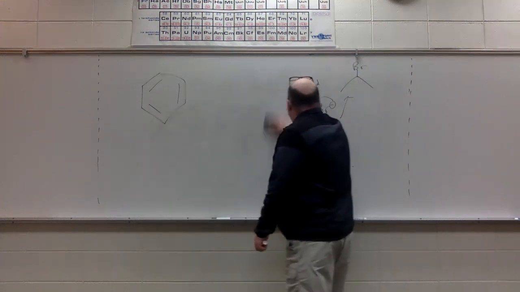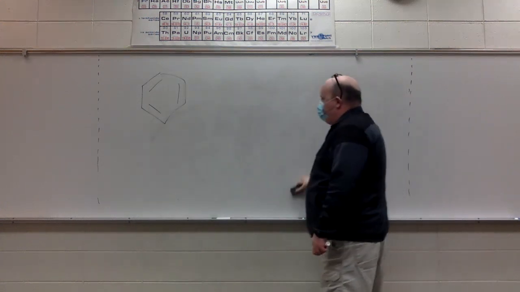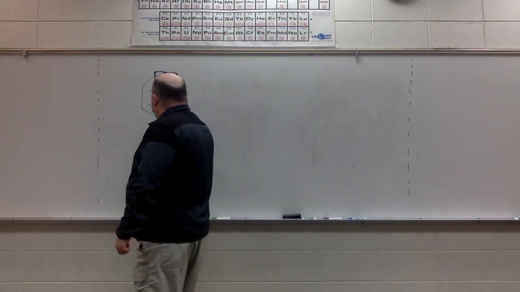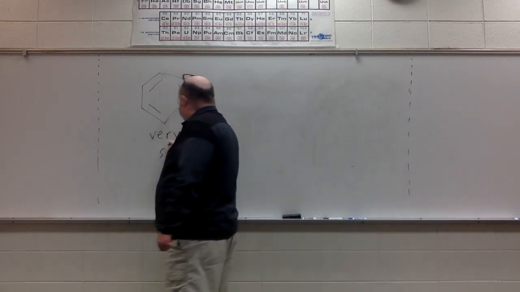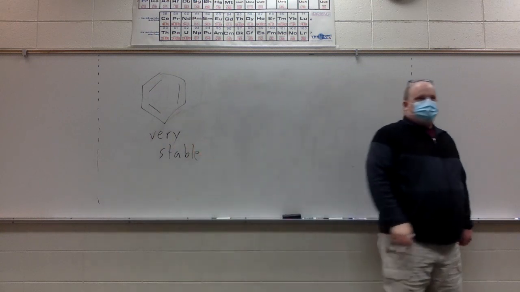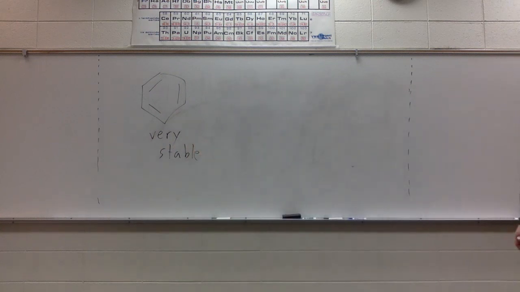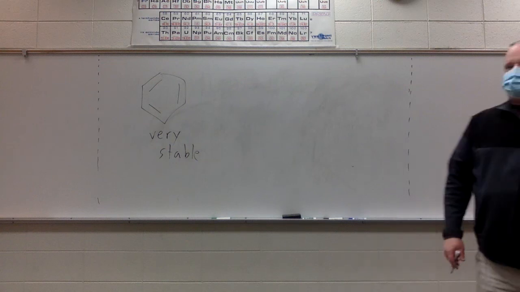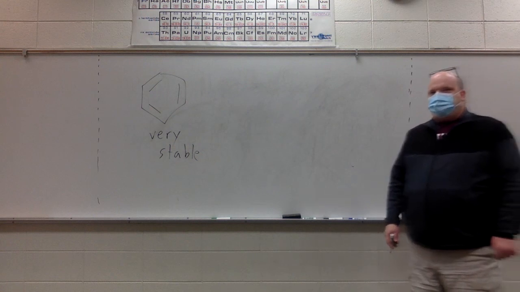The reason benzene doesn't want to do this is because benzene is already a very stable compound. It's happy the way it is. Any guesses as to why it's so stable?